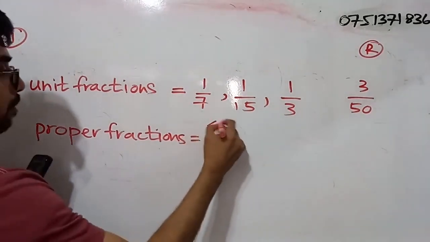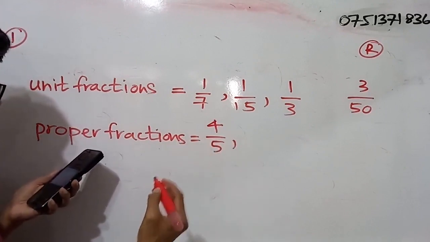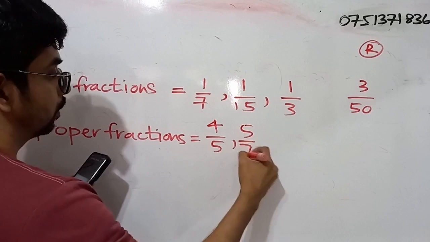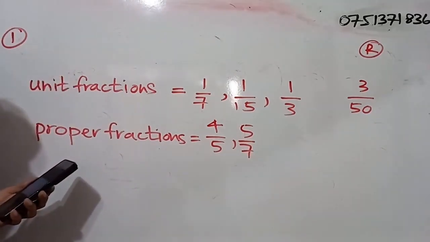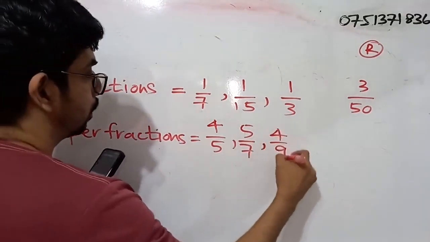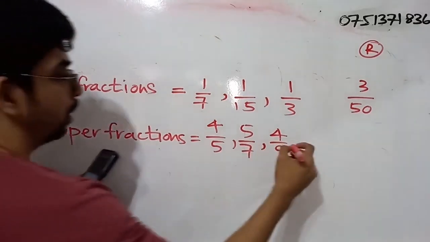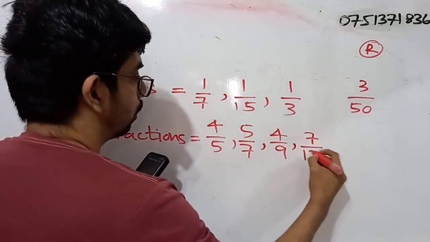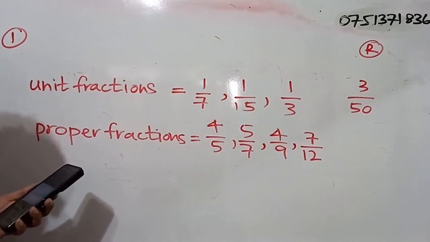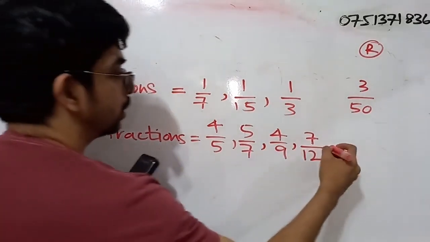Right. So what do we have? We have 4 by 5. Then we have 5 by 7. Then we have 4 by 9. Then we have 7 by 12. Then we have 7 by 8.